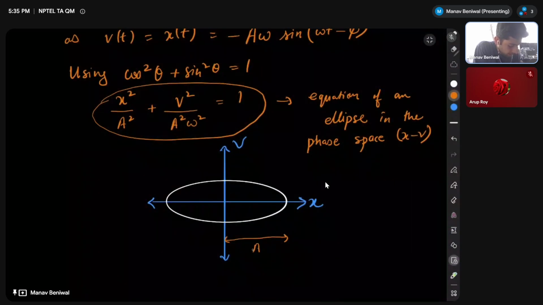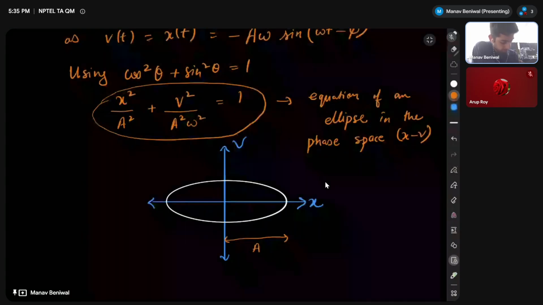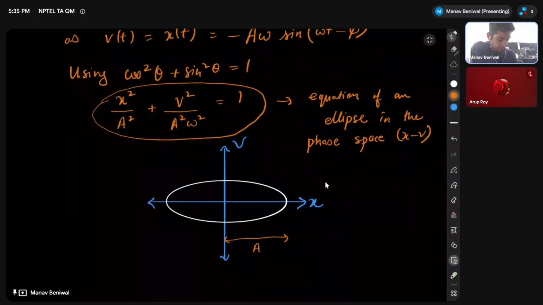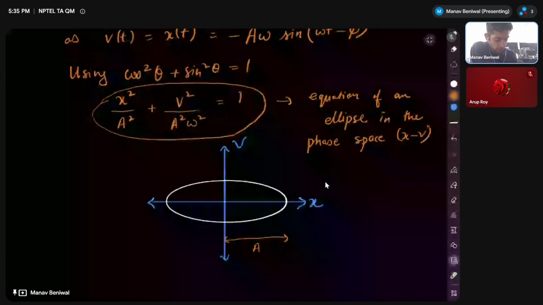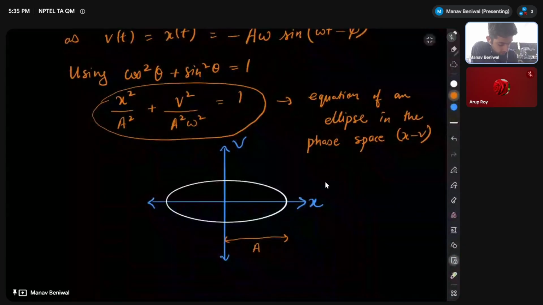And at x equals 0, my velocity is simply a omega, so this distance is omega times a. So this is what I have in my phase space. This is how my simple harmonic oscillator looks.